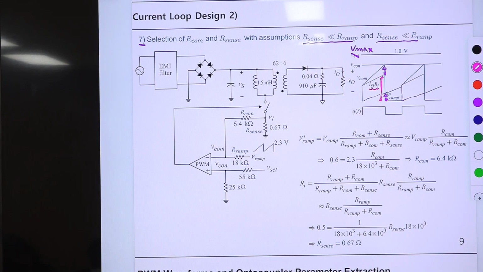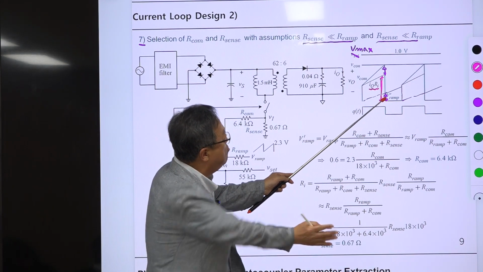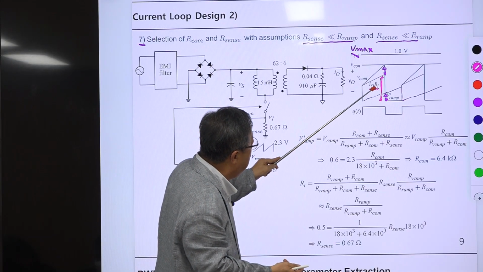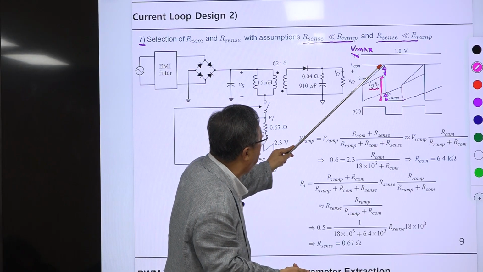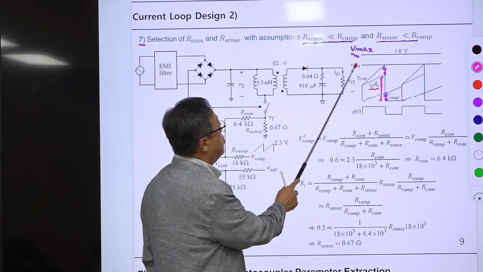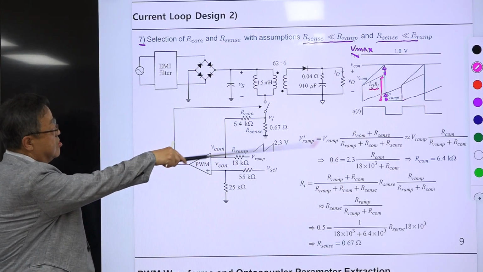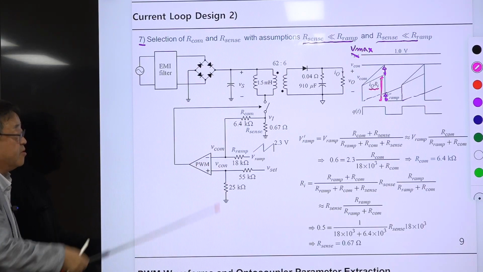So IQ times Ri is this one, and this is coming from the V ramp prime that is added. The combination of this and this becomes this Vcom. When this Vcom intersects with Vcon, the switch off signal is generated. So this is the waveform of this PWM scheme, right?